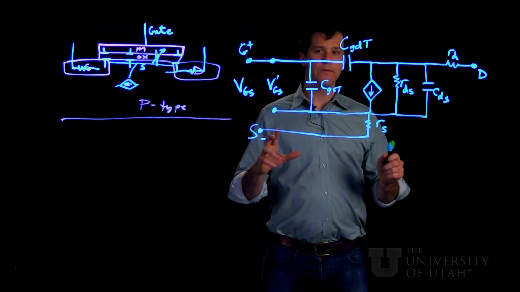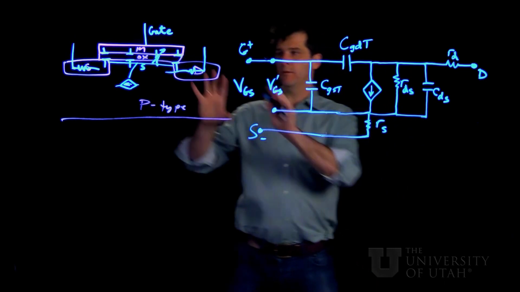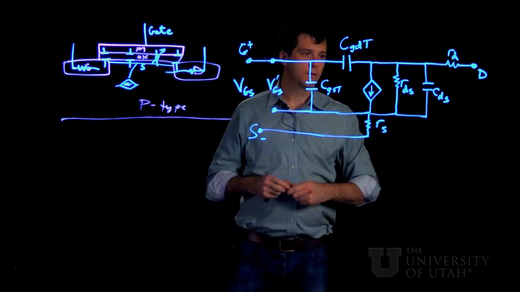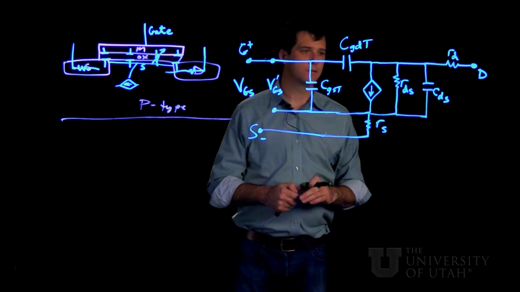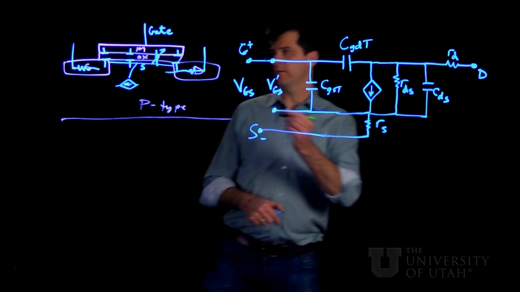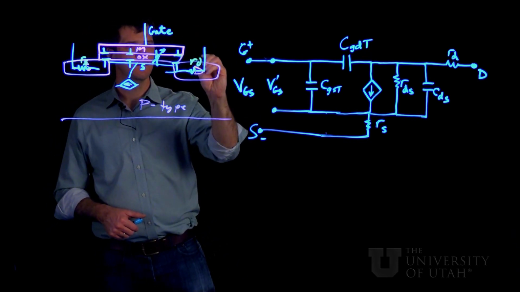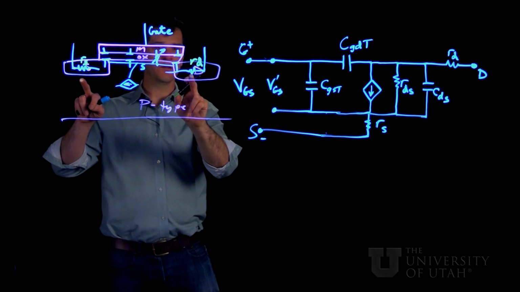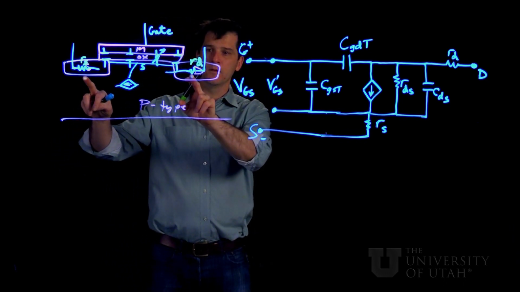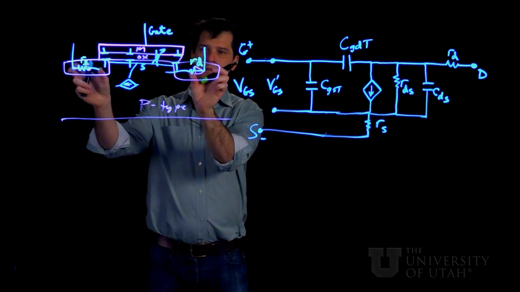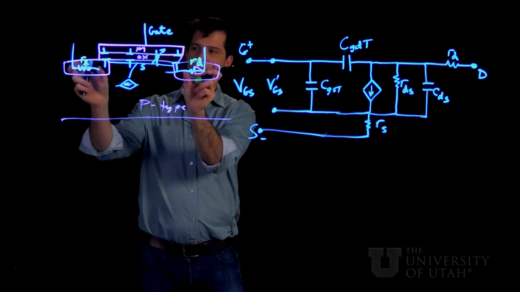Okay, so now I've drawn the full equivalent circuit which corresponds to this physical picture. So there are some extra capacitances and resistances put in here. So I'll label some of the important ones. The source and the drain parasitic resistances will come from the resistivity of the actual implanted or diffused regions themselves.